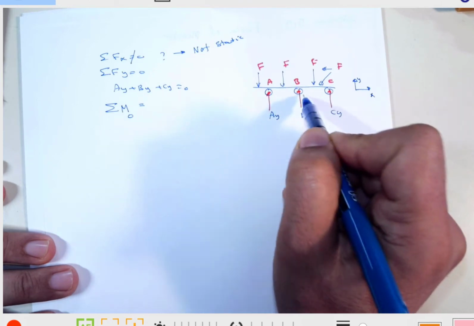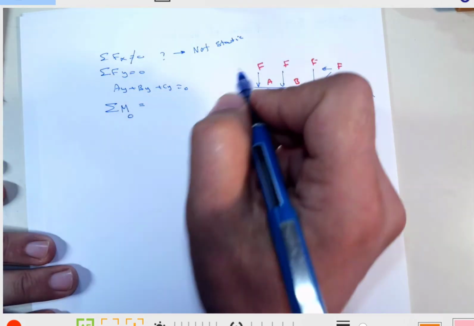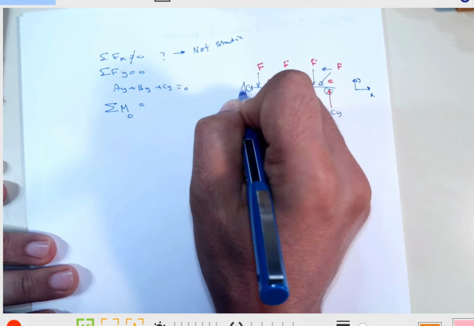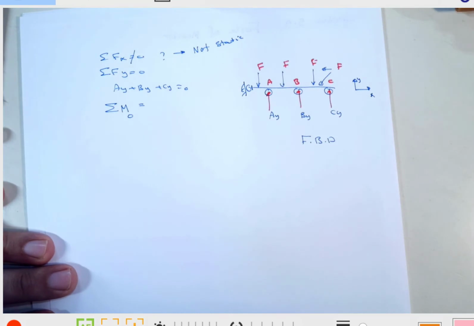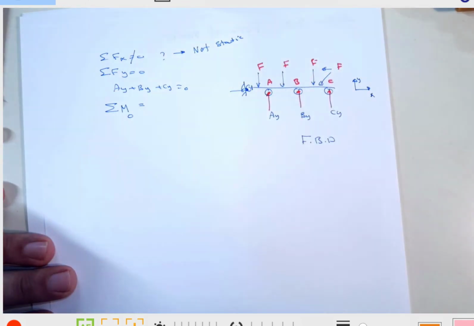These are normal, right? Second, even if we suppose that there is another roller here which stops this from moving, right? But let's not put that here.